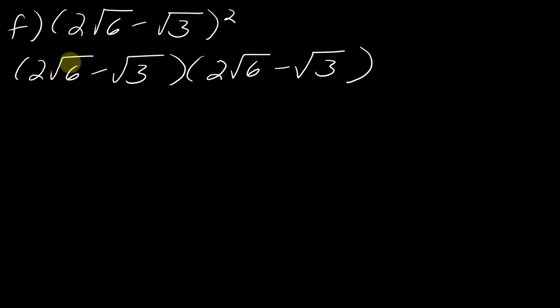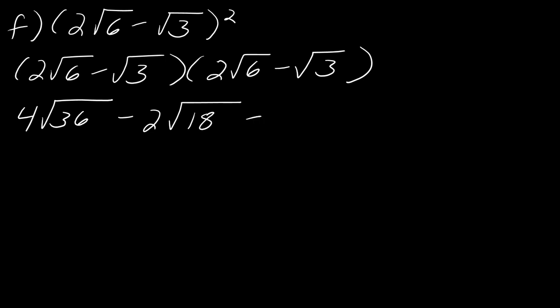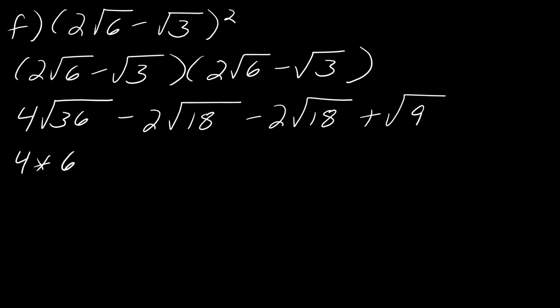So taking this times that, the 2 times 2 will be 4, and the square root of 6 times the square root of 6 will be the square root of 36. Then we're going to have minus 2 times the square root of 18, minus 2 times the square root of 18, and then plus the square root of 9. Okay, and so now this will be 4 times 6 minus 4 times the square root of 18 plus 3.